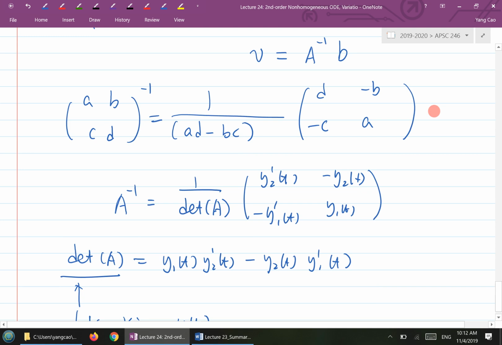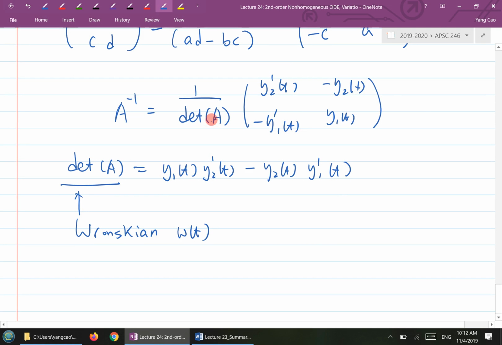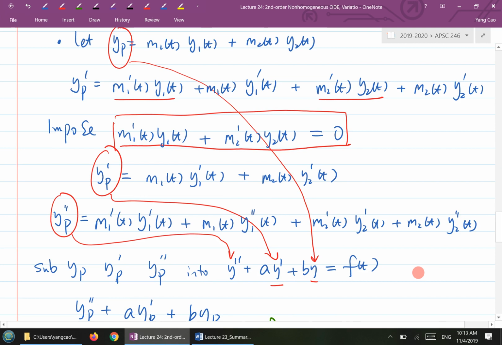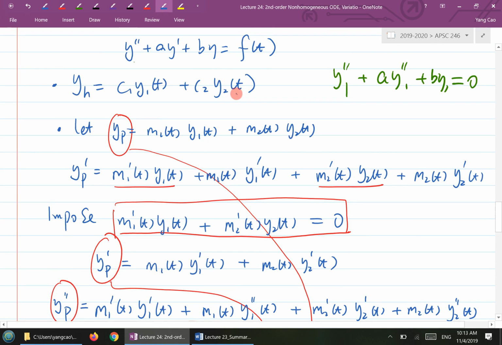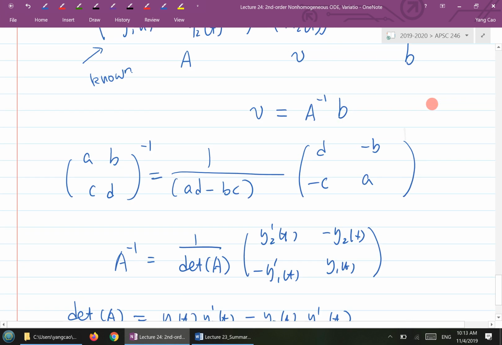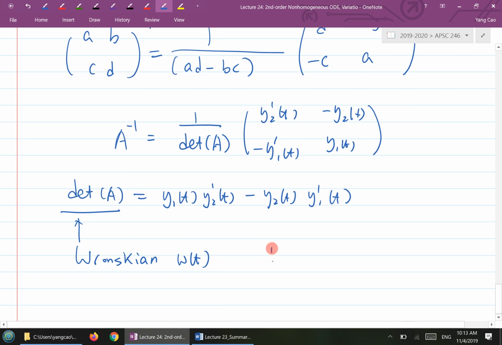So if you look at this one here, in order to get a solution, absolutely I don't want my determinant to be 0. If the determinant is 0, then I can't get a solution at all. Here y1, y2 are part of the homogeneous solution, so they are guaranteed to be linearly independent, and this determinant is guaranteed not to be 0.